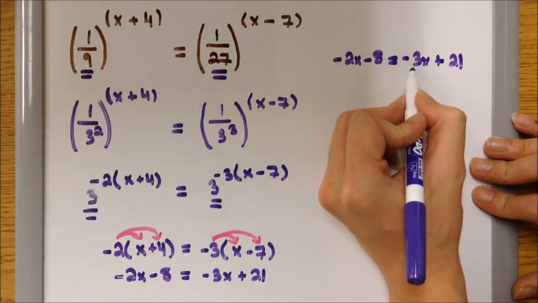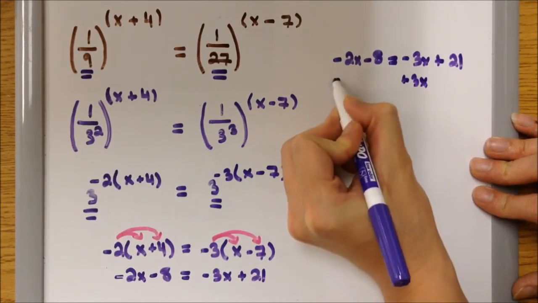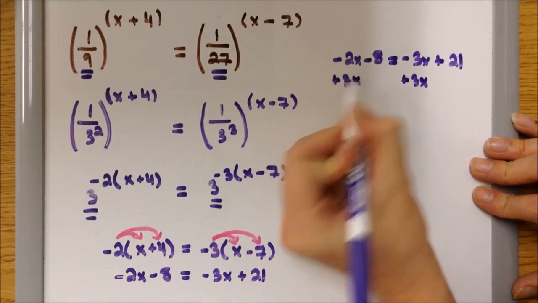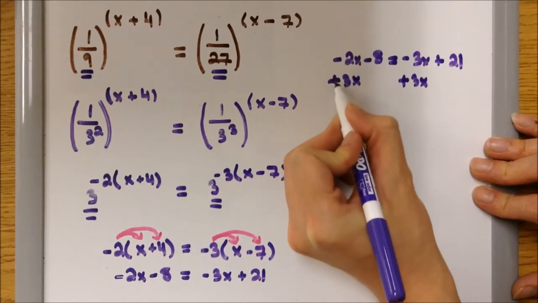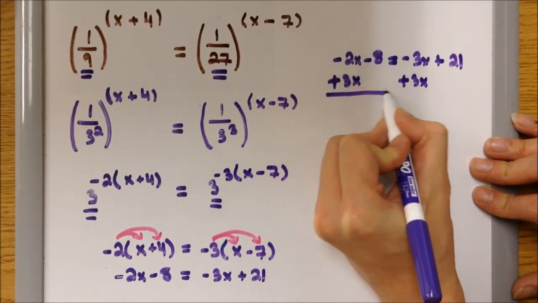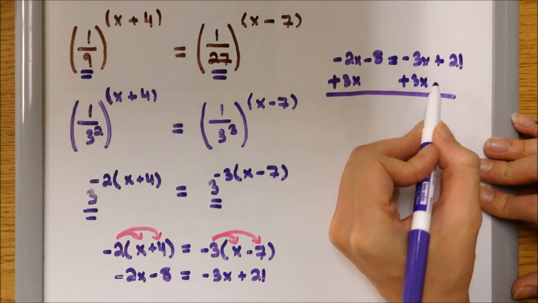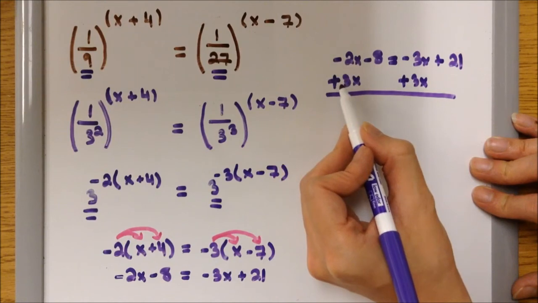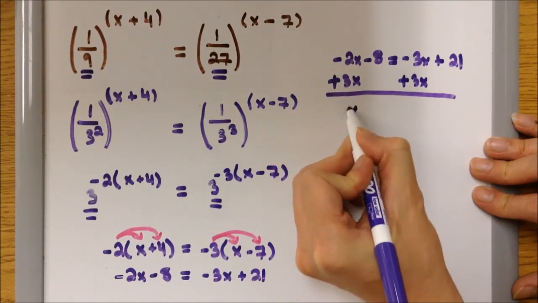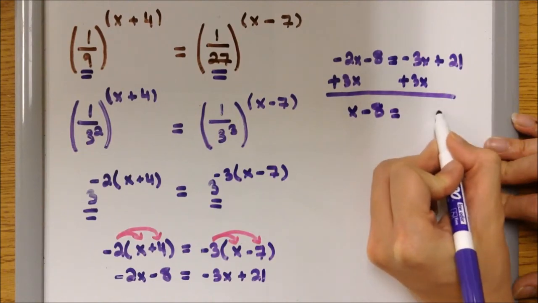So what's opposite of negative 3x is plus 3x. Since I did it on the right side, I got to do it on the left side. So my 3x will cancel out on the right side, but I will have x on the left side. So negative 2x plus 3x is just x. Bring down the minus 8, and then bring down the 21.